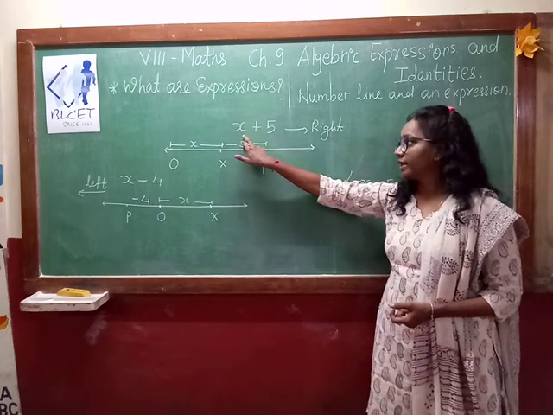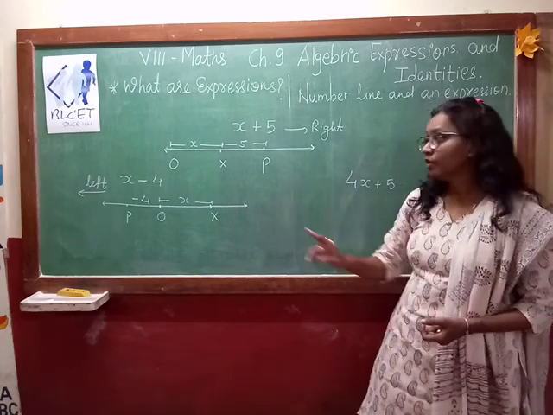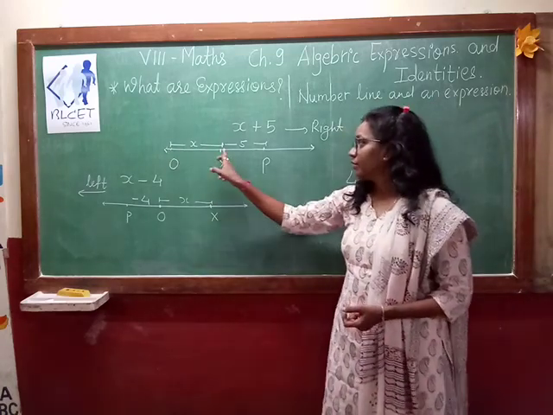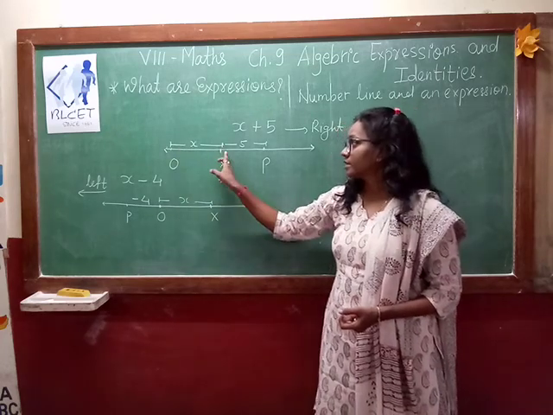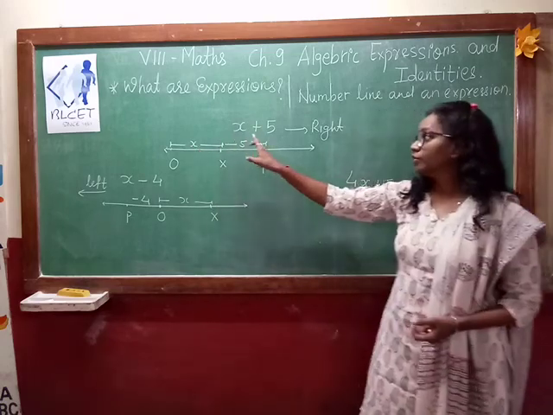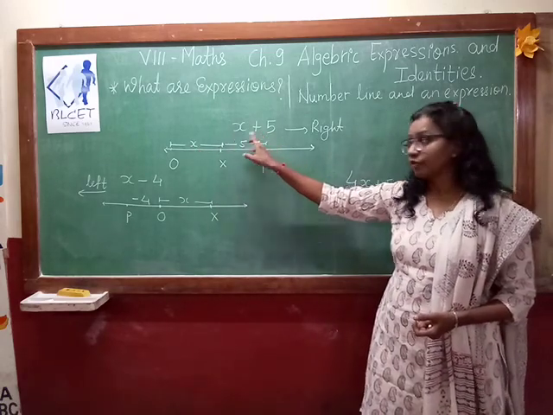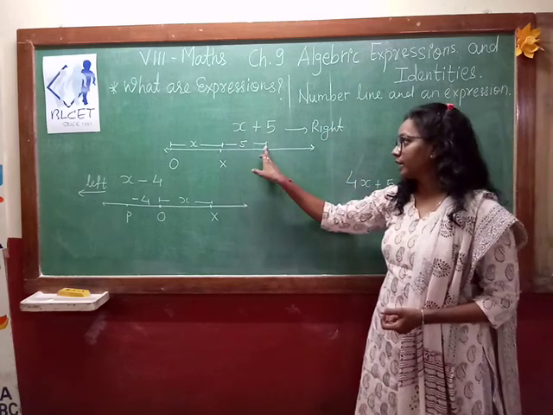The first number is a variable, that is x. On a number line, x means you don't know that value. So 0 and this point x. Suppose this distance is x and we want to add 5. So we have to move to the right side by 5 units.